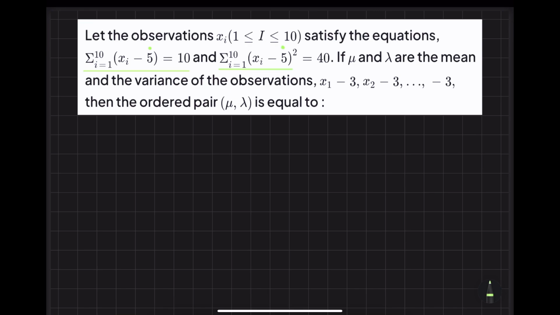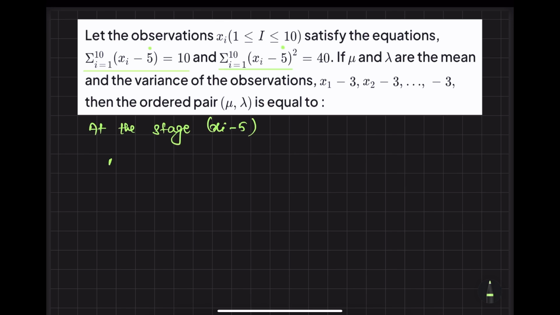Okay, now what I will do, I will find out everything at this stage. So I am talking about the stage xi minus 5. So I am at this stage. Suppose that I want to find out the mean.